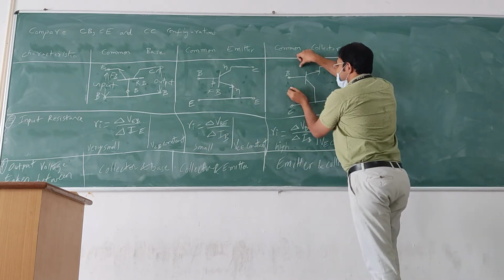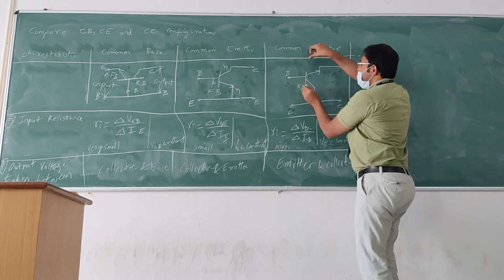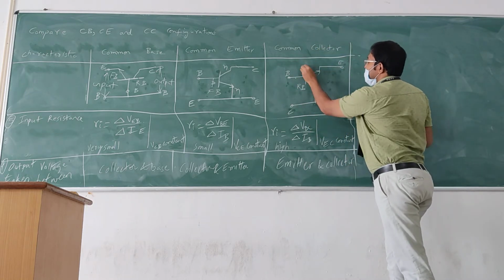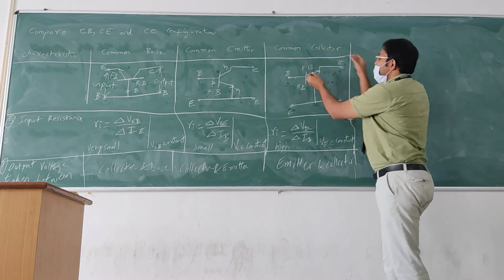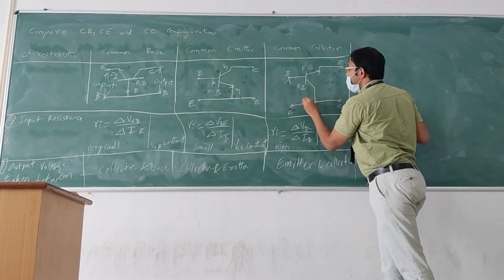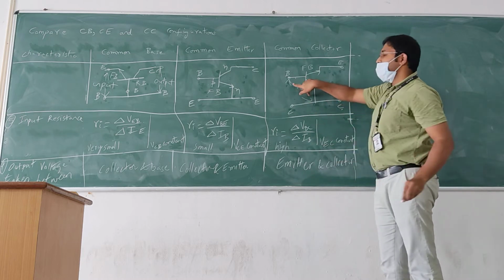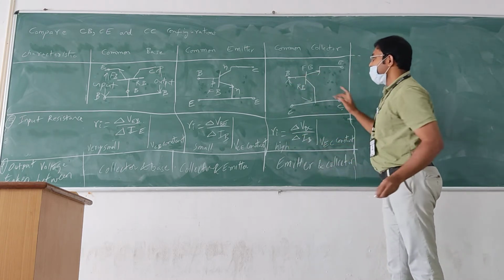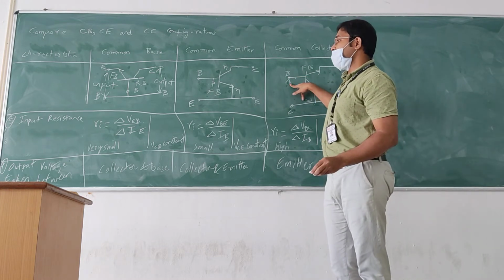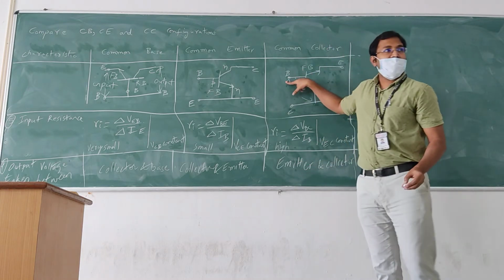Here, this is reverse bias, base collector, forward bias. Then what do we have here? Reverse bias, so obviously this will be high. Directly, see here.